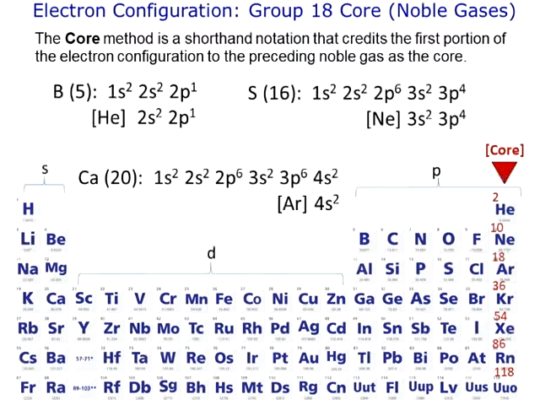In the case of sulfur, we have 16 electrons. Therefore, we must account for 16 electrons in its electron configuration. And we'll account for those electrons by writing 1s2, 2s2, 2p6, 3s2, 3p4. Now, it's important that you count the electrons and add them to be sure that you haven't made a mistake in your count.